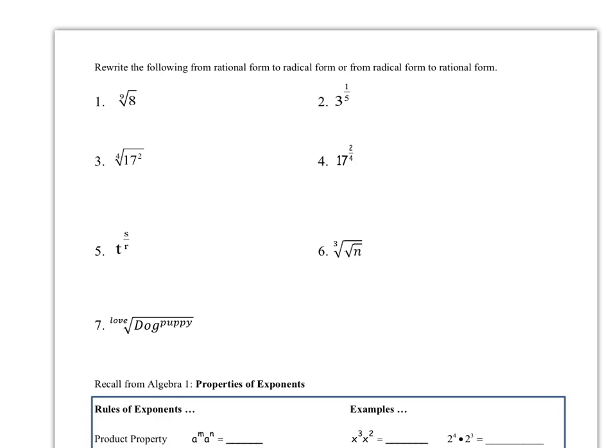So we're not going to do 7, but you have these 3 that are going from radical to rational exponent form, and then you have these 3 that are going from rational exponent form to radical form. Okay, so let's walk through a couple, and then I'll have you pause it and try some. And if you want to try them all first, try them all first.